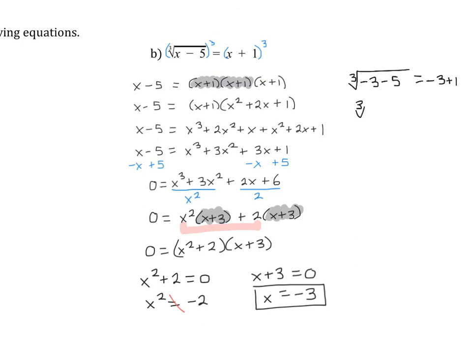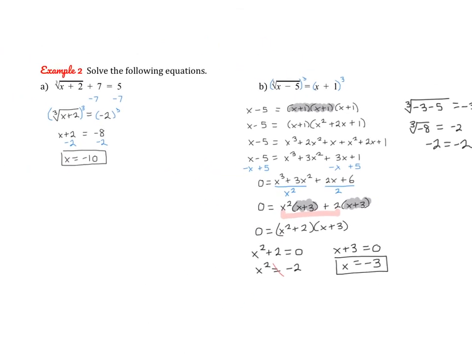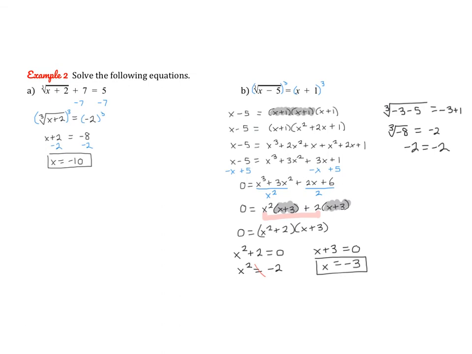So this is the cube root of -8 equals -2, and -2 does equal -2. So again, you don't have to check your answer for cube root equations because you shouldn't get any extraneous solutions. But again, it's always good to check your answer, especially if you have time to do so. So there you have it.